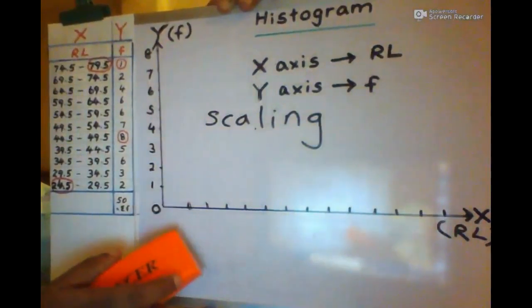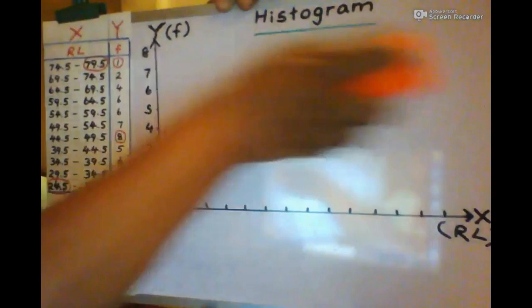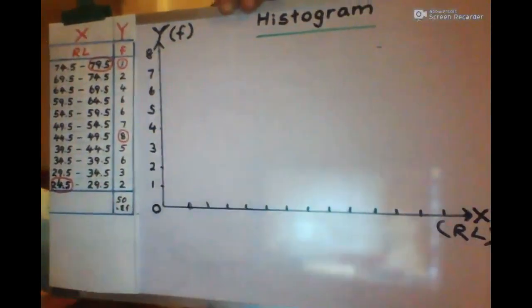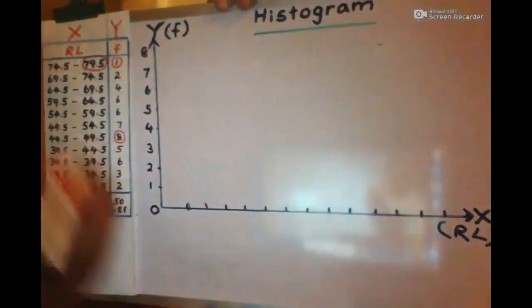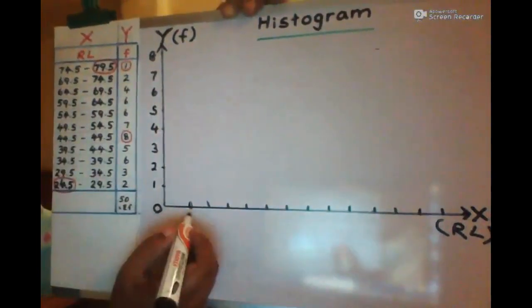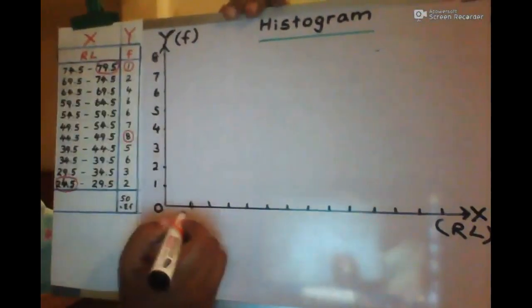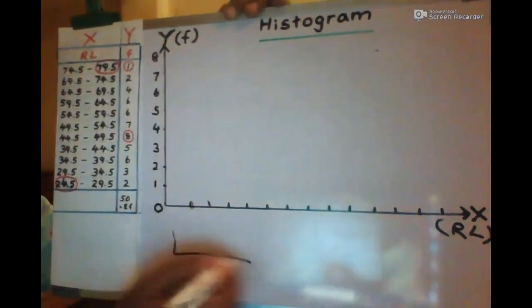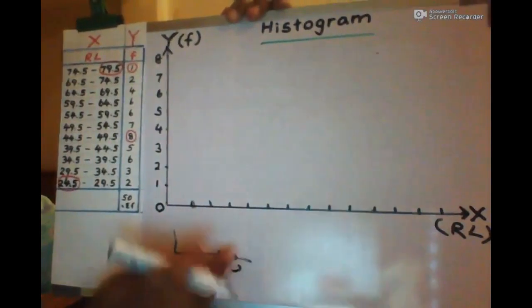What did we do now? We scaled the axis. Now we marked all these things here, and then we have to write. What do we write here? The lowest one. Don't go to the 79.5 and write 79.5. It's wrong. Usually we go from the lowest to the highest.